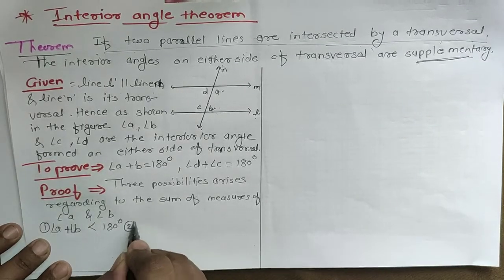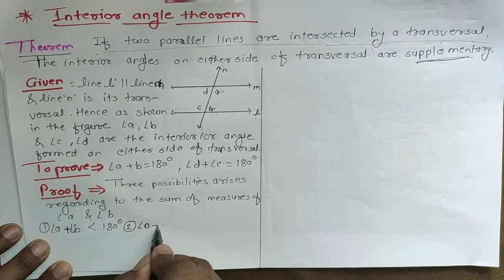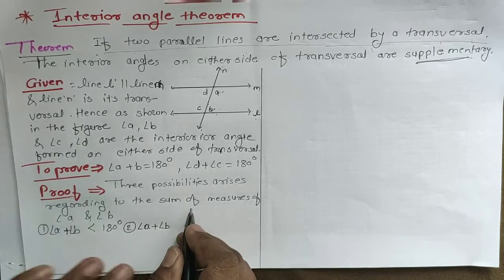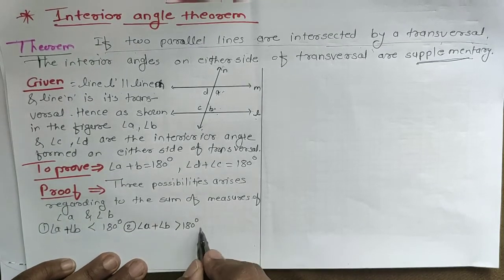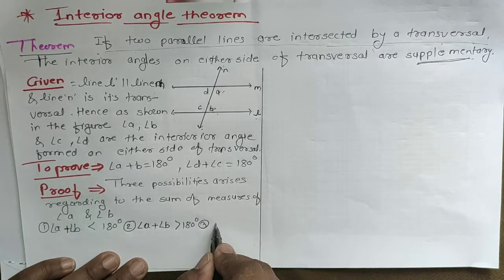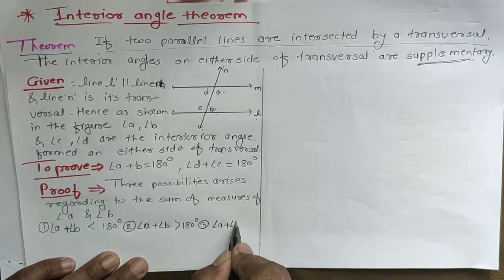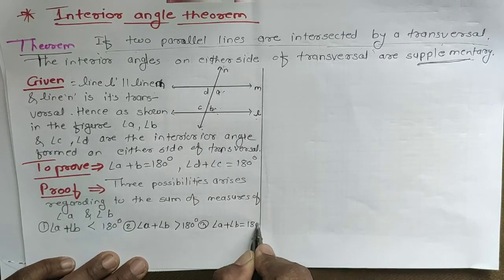Second, angle A plus angle B is more than 180 degrees. And third, angle A plus angle B is equal to 180 degrees.